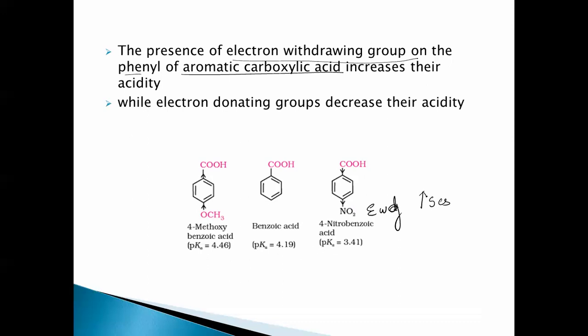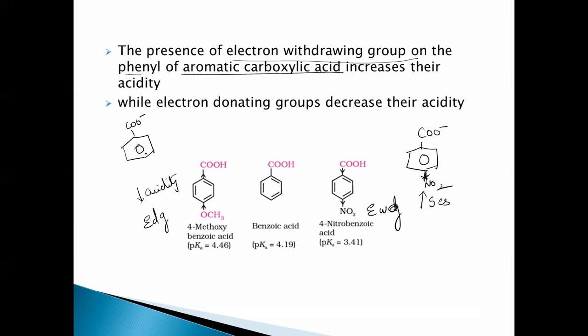So how it is increasing the acidity means it will stabilize the carboxylate ion which is being formed. This is the carboxylate ion, right? If it is electron withdrawing groups, it will stabilize the carboxylate ion because the negative charge on this ion is shared by this nitro group, is shared by this electron withdrawing group, thereby increases the acidity. But if it is an electron donating group like methoxy group here, it will decrease the acidity because it will destabilize the carboxylate ion which is being formed.